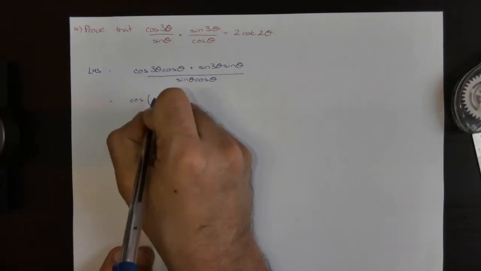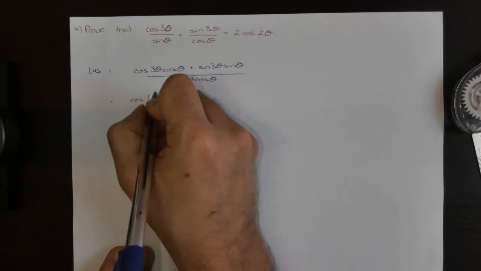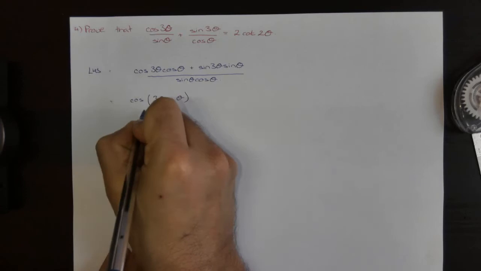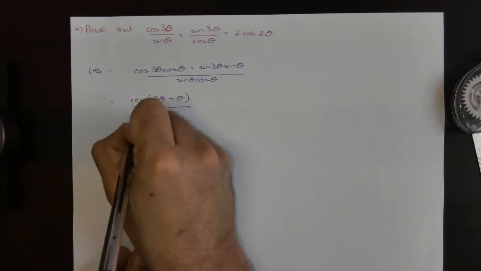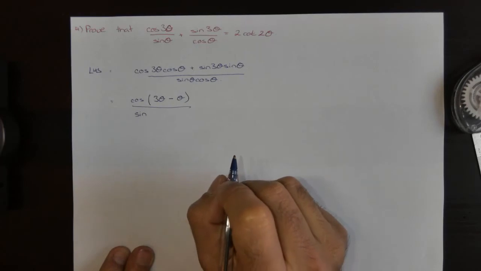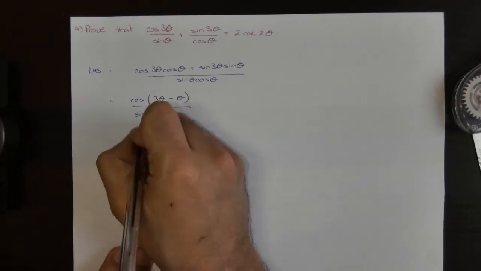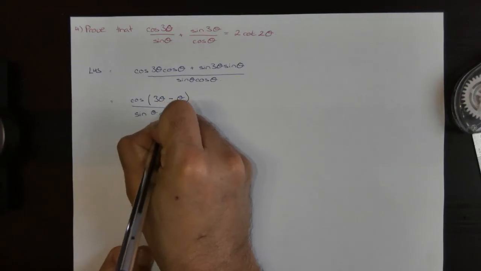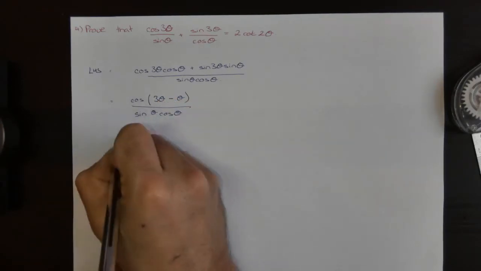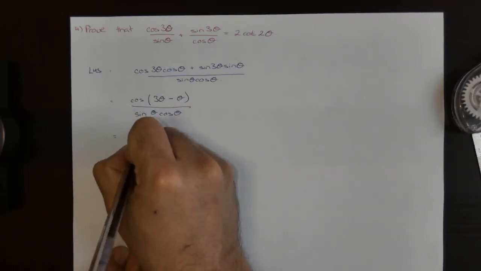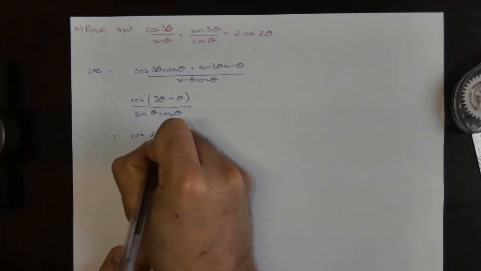That's actually a compound angle formula, so that's actually 3 theta minus theta. So 3 theta minus theta is going to be cos of 2 theta.